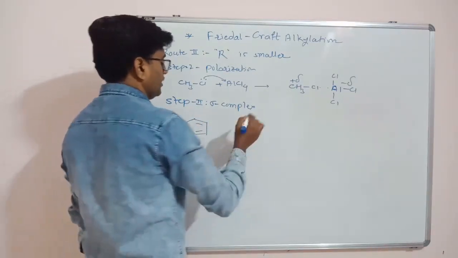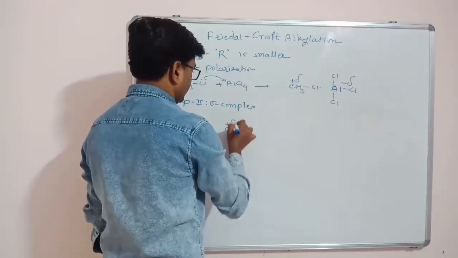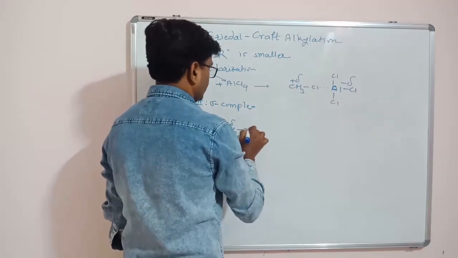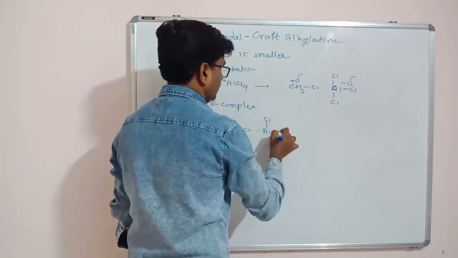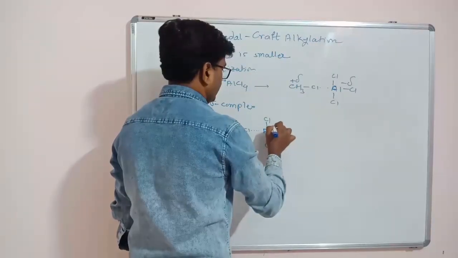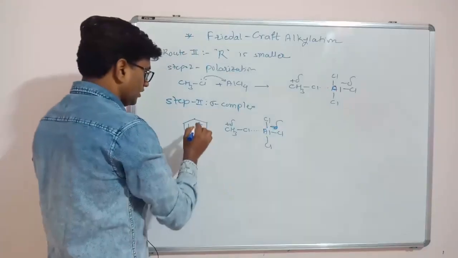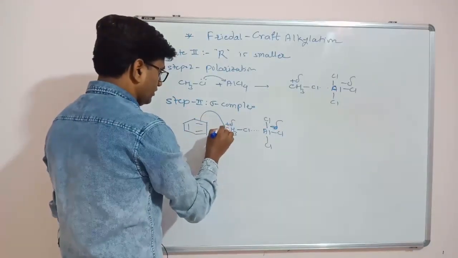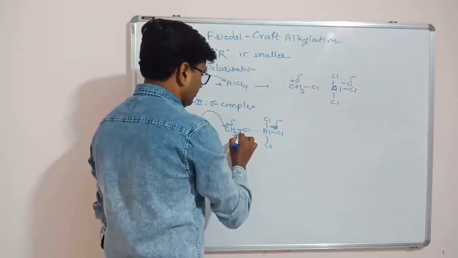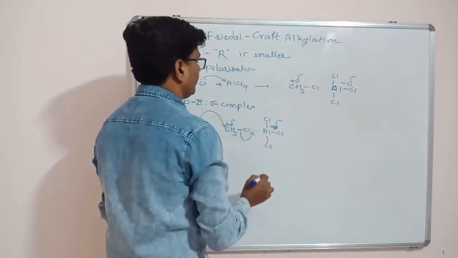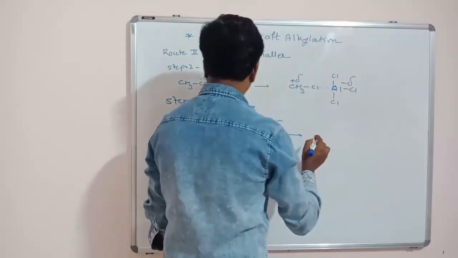These are the pi electrons and we have this complex, that is CH3 having a delta positive charge, Cl, Al, Cl, Cl, Cl and delta negative charge. Now this pi bond will attack on the carbon. So this bond will completely break and we will get this sigma complex formation.